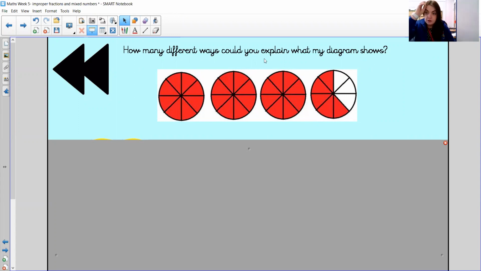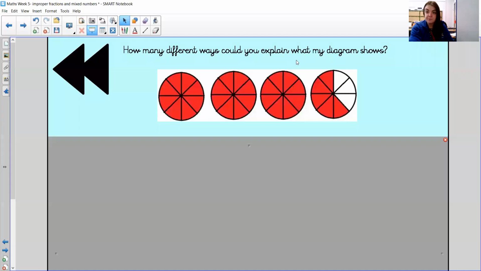So just have a pause, rewind all of your learning. How many different ways could you describe what you can see there? So once you've had a go at that, I want you to come on back, and hopefully you've managed to rewind lots of STEM sentences or things that we've done over the last few days. So hopefully you've had a little look at that.